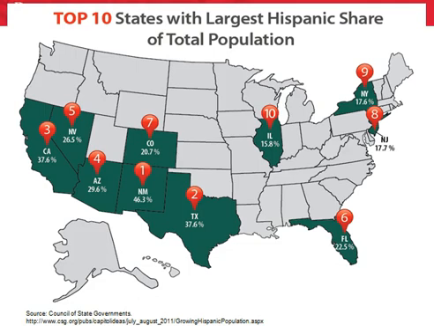Arizona is 29.6%, as is Nevada with 26.5%. Florida, 22%. So these 10 states have a large percentage and the majority of the Hispanic populations in the United States. But as you'll see in the next chart, things are changing.